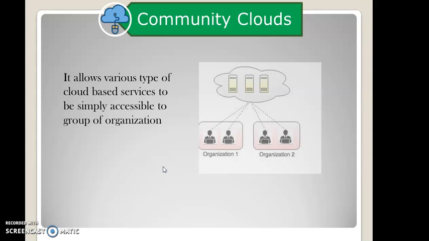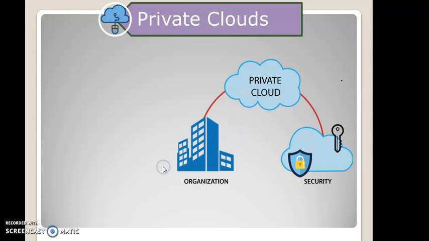Now next comes the private cloud. Private cloud, as the name indicates, is private for a particular organization. So private cloud is implemented by an organization in its own private premises.